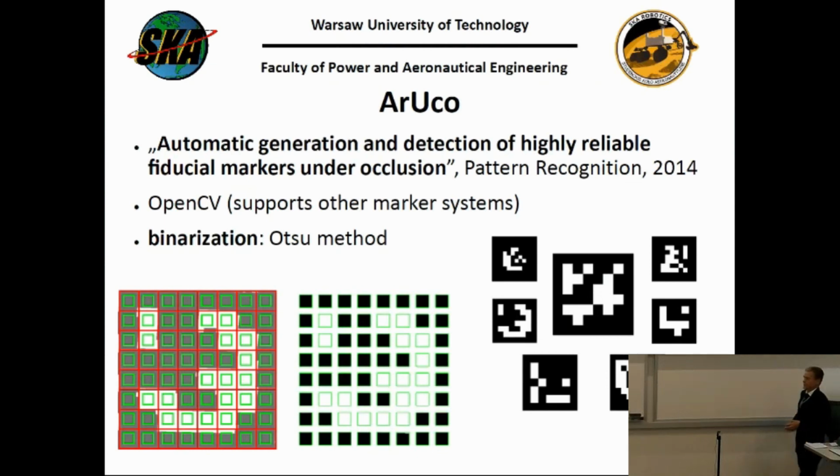And I decided to compare my algorithm to the already existing algorithm publicly available called Aruco. This algorithm is implemented in OpenCV and is based mainly on the binarization by Otsu method to extract white and black squares.